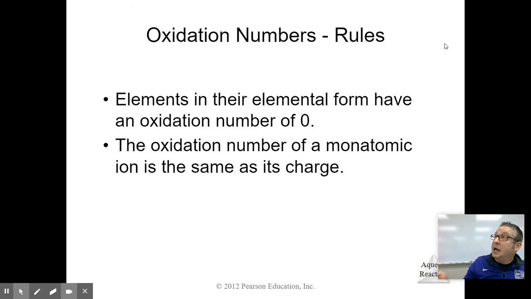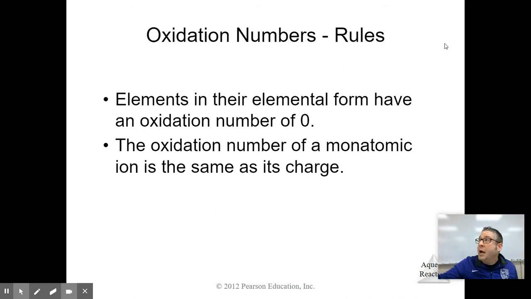Let's look at oxygen. Oxygen, when it's an ion, has a 2- charge. Oxygen would therefore have a 2- oxidation number, but we're going to talk about oxygen here in just a moment. Not always.